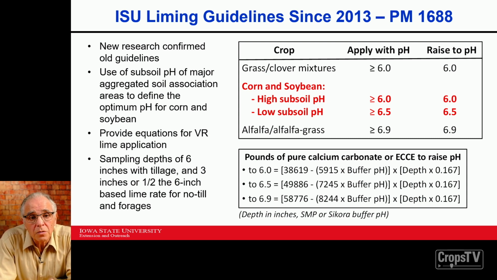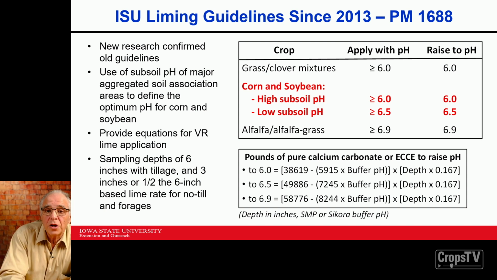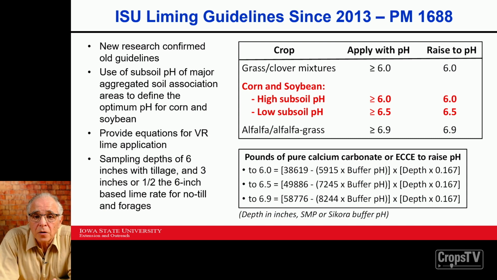So the use of the salt pH of the major aggregated soil association is good to define the optimum pH for corn and soybean. The only change you see is that in corn and soybean, with high subsoil pH, the optimum pH is 6, and with low subsoil pH it is 6.5.